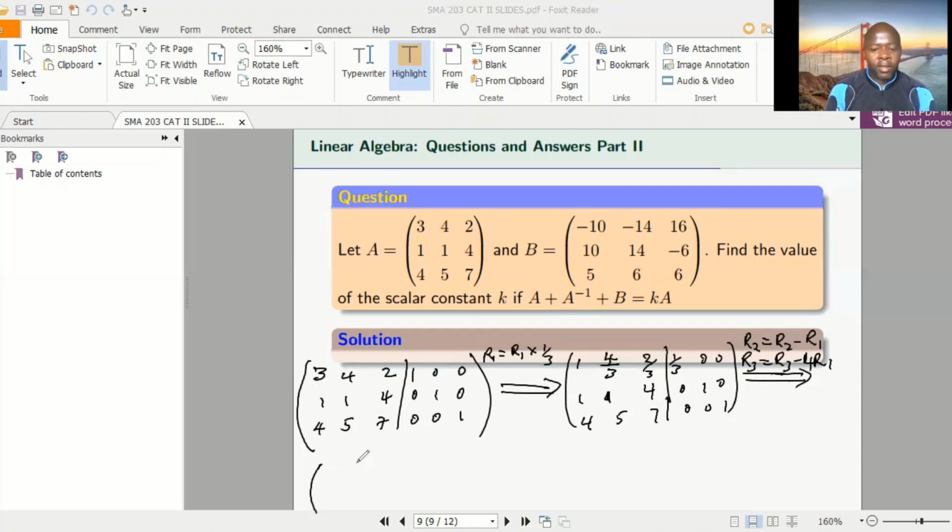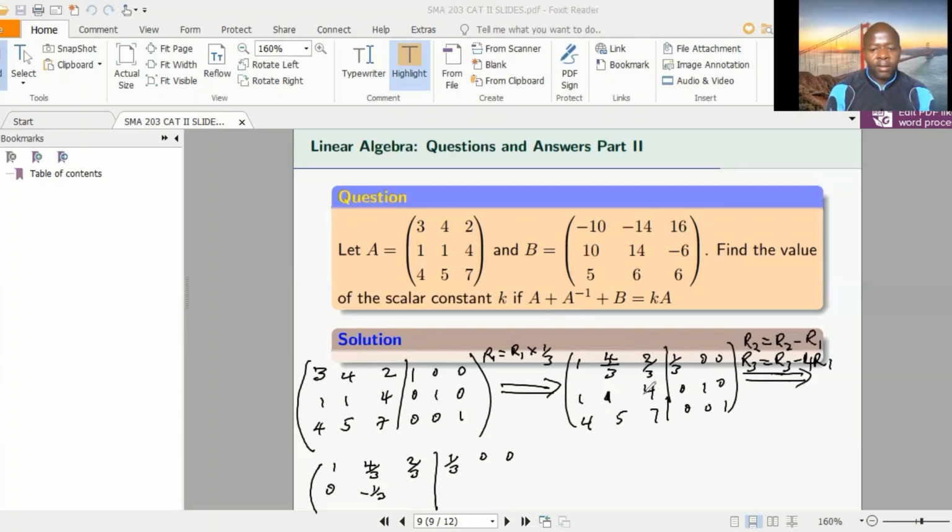Row 1 remains where it is. Now, row 1 taken from row 2 gives me 0. And then this minus 4 out of 3 is negative a third.